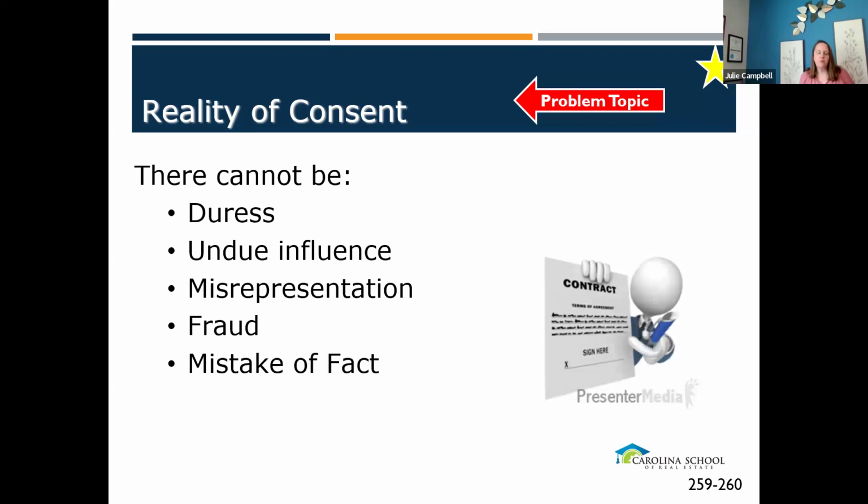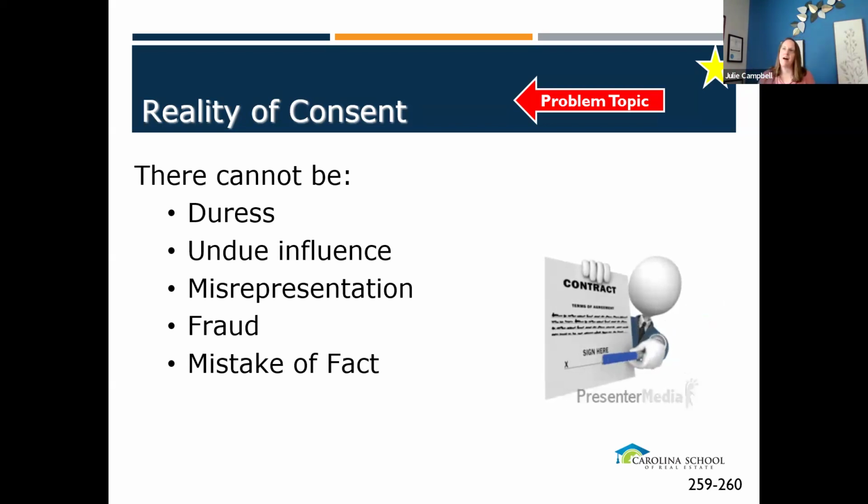Mistake of fact probably isn't going to do much to the contract, but may make it voidable. It's kind of a fine line here between misrepresentation and mistake of fact. Mistake of fact may be able to make it voidable. Again, this is all up to the judge.